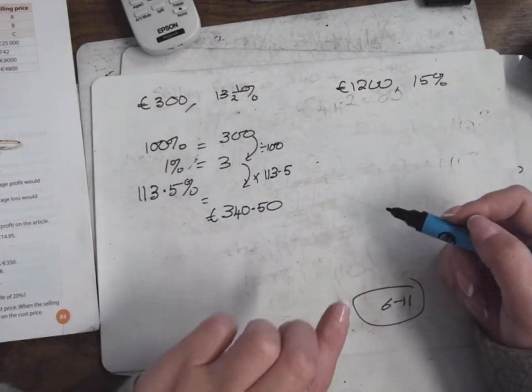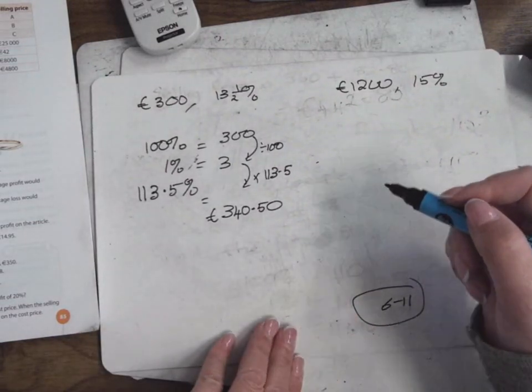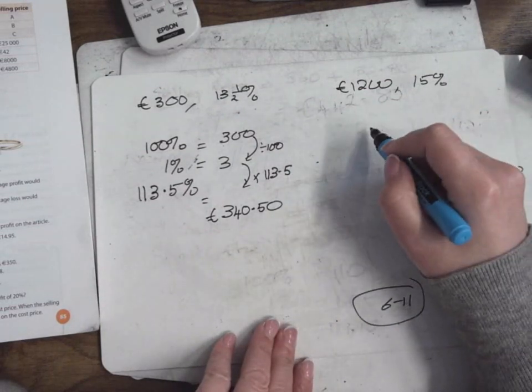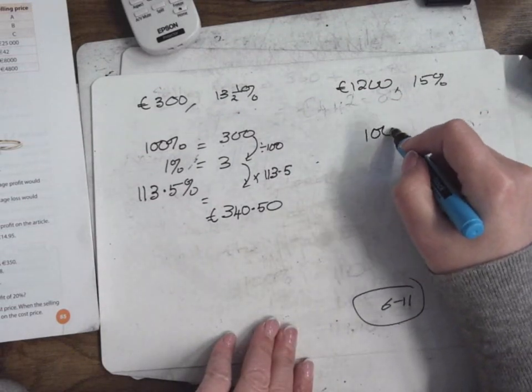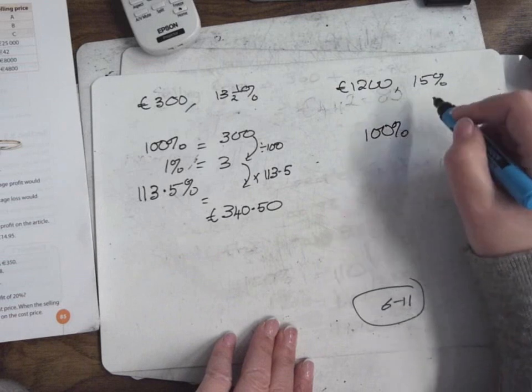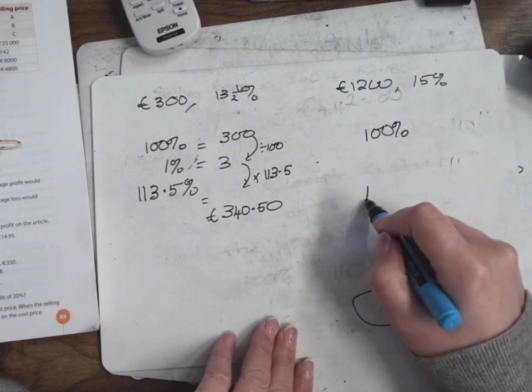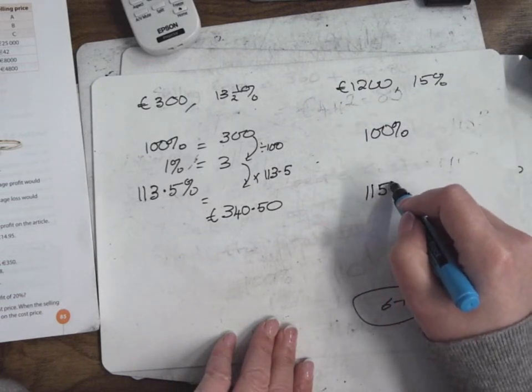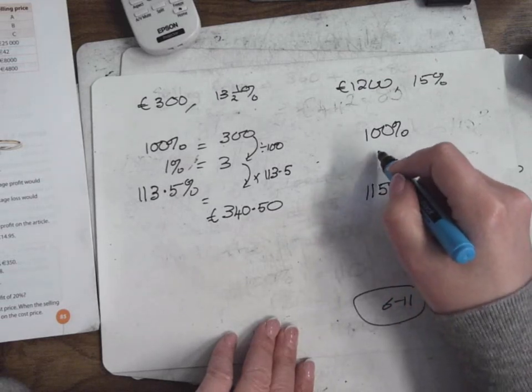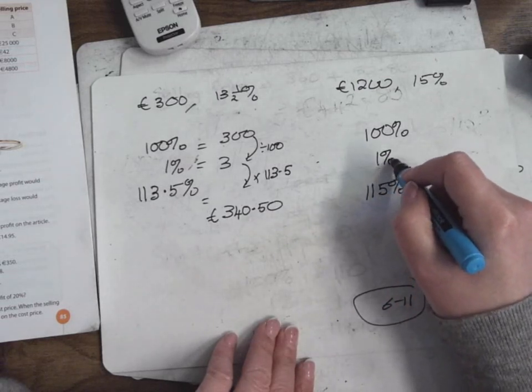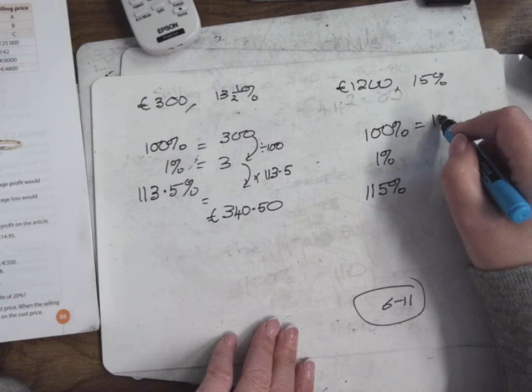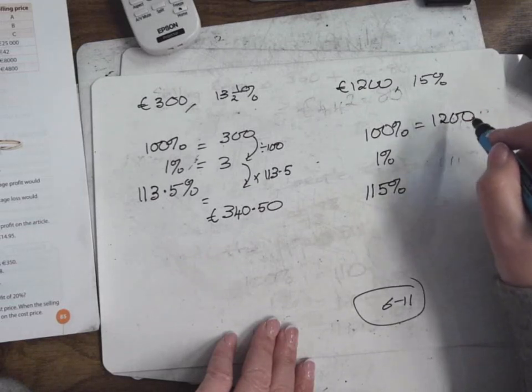And the last one is a patio furniture set, costs 1,200. So I'm starting at 100%. I have to put on VAT, so I want to go up to 115%. So I need to go down to 1% in the middle. So 100% is what I'm starting with, 1,200.